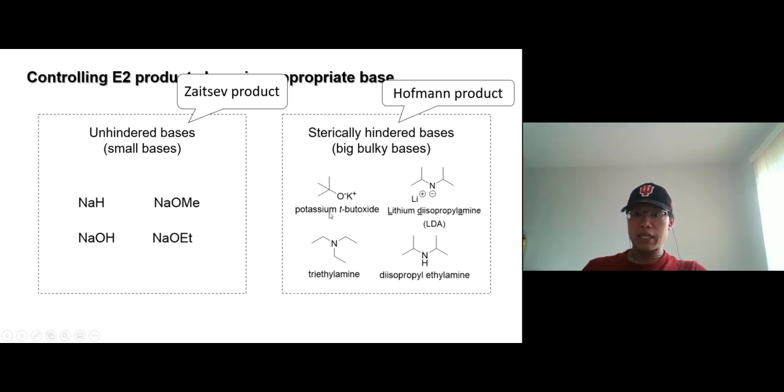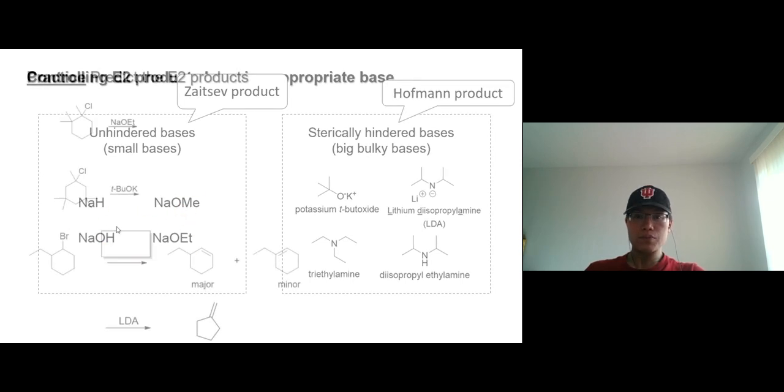The major one you're going to see is potassium tert-butoxide, very often. And LDA, lithium diisopropylamide, you're going to see often. Sometimes you're going to see TEA, triethylamine, and diisopropylethylamine also. But the top two you probably want to be familiar with the most. I'm sure you're familiar with the small bases: sodium methoxide, ethoxide, hydroxide, and hydride.